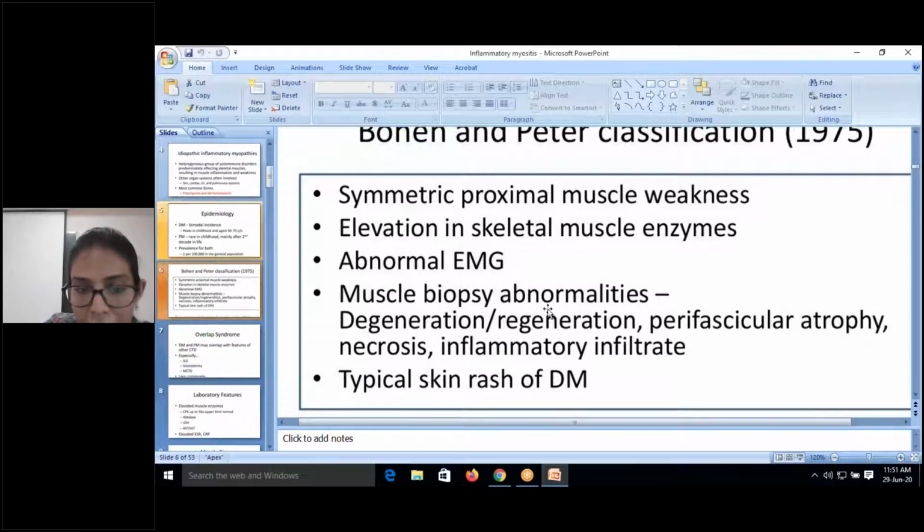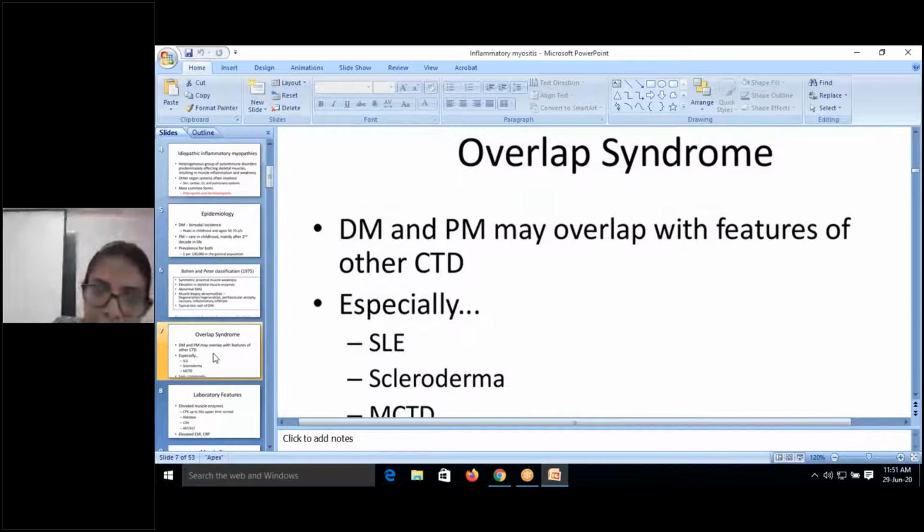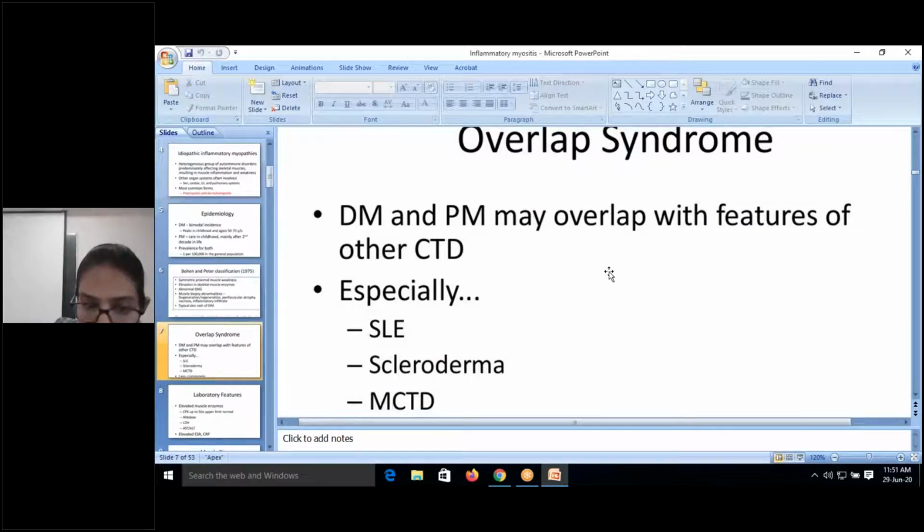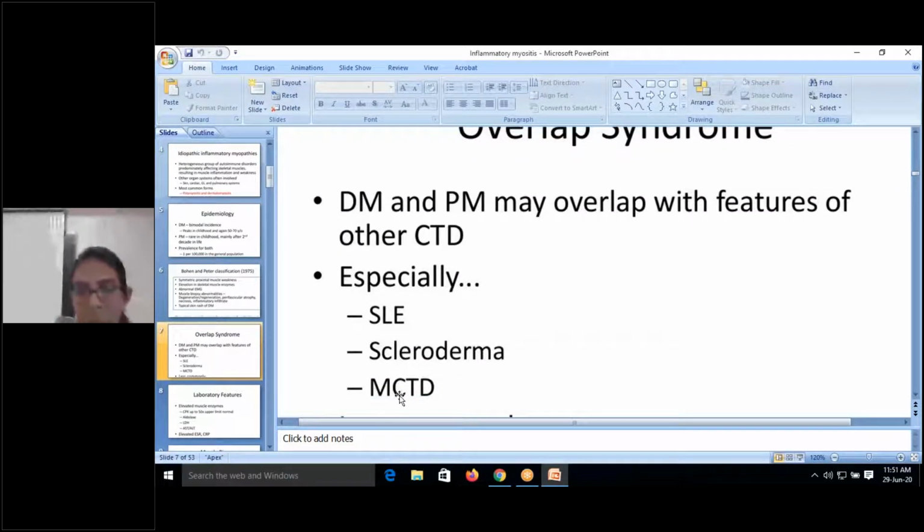And when muscle biopsy is taken, you can see either degeneration or regeneration, as I already discussed in the previous slide, and perifascicular or endomysial infiltrates are seen. And there is a typical rash if it is dermatomyositis. As I told you, it can overlap with certain CTDs. Usually it can be SLE, Sjogren's. There can also be scleroderma.